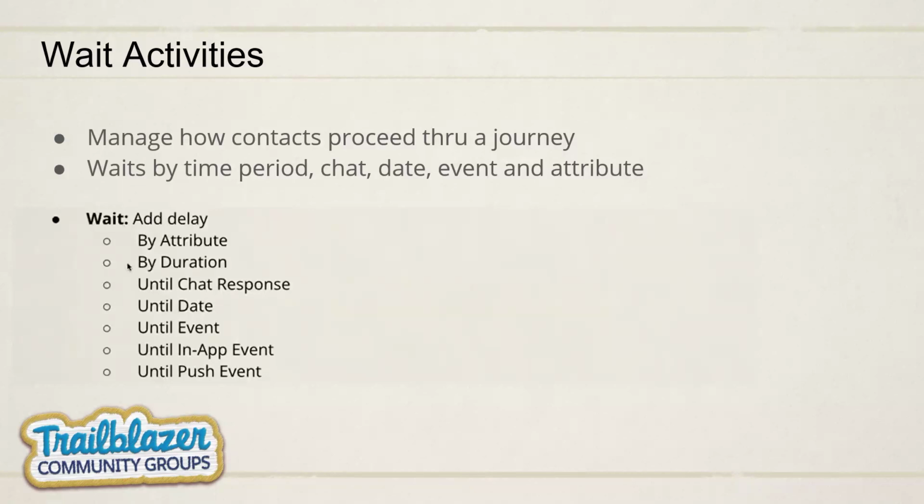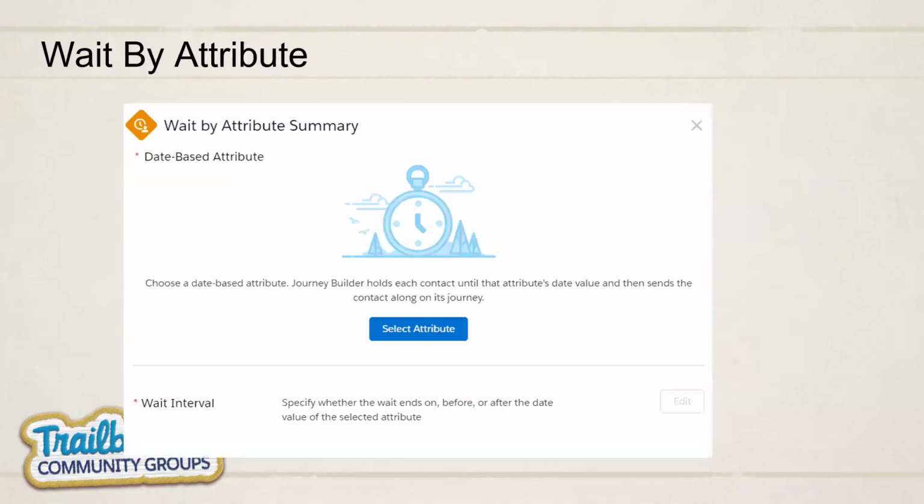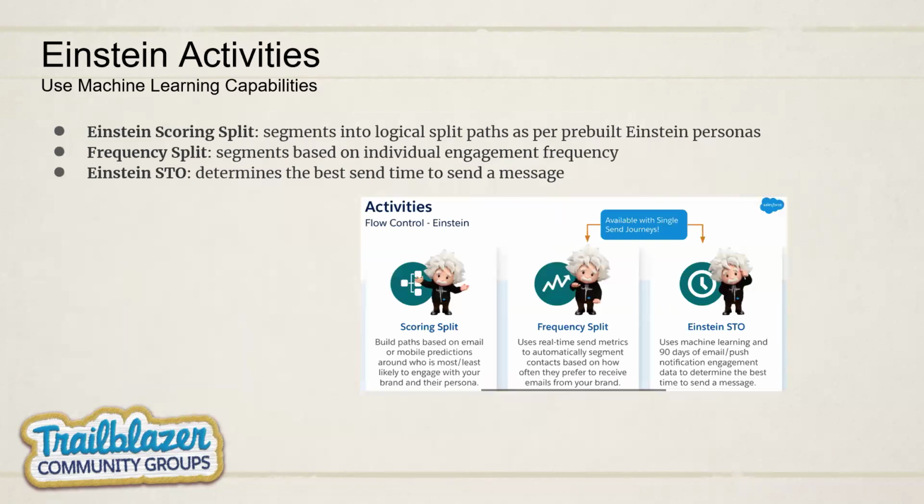Until chat response: if WhatsApp is integrated, and if we want to wait until we receive a chat response, or until a specific date, or until a specific event, and in-app and push events are from the Mobile Studio use cases. And these are all the different configurations that we can set on the wait activities. Each of these will be covered in detail in the next few sessions.